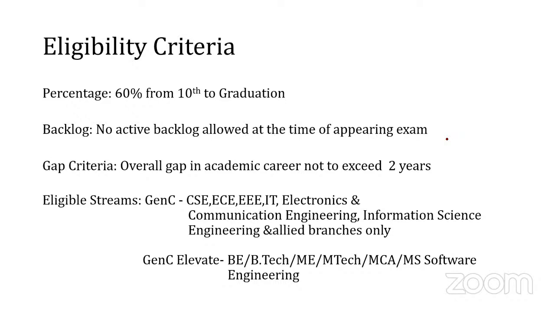Now there are certain branches that are allowed for the profiles of GenC Elevate and GenC Next. By mistake, here it has been replaced. For the GenC profile, these branches are allowed: BE, BTech, ME, MTech, MCA, MS Software Engineering.